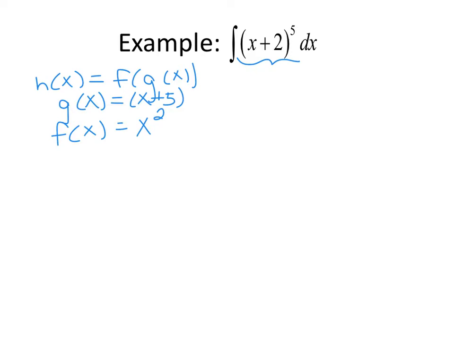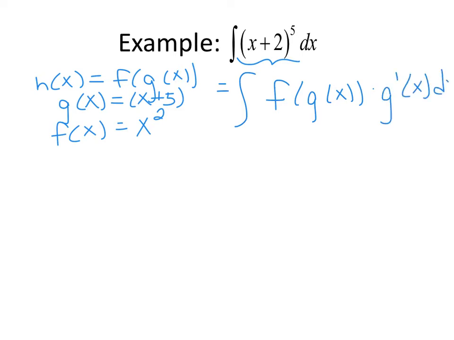So now I could rewrite this as the integral of f of g of x times the derivative of g of x dx. That's true because if g of x is x plus 2, g prime of x is equal to 1.